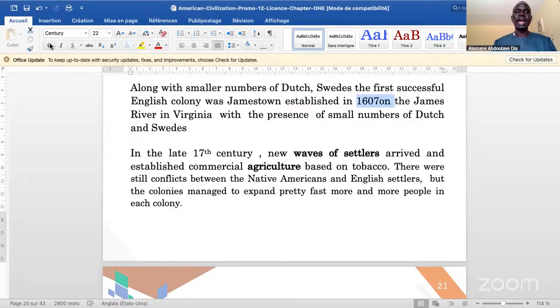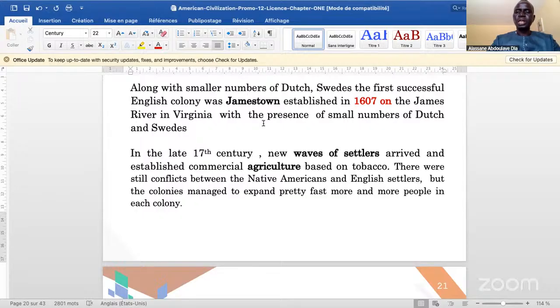So class, when I ask you the question, what is the first English colony to be established in America? It is Jamestown. Jamestown is the first colony, the English colony, and it is named after King James. And when they arrived in Jamestown, it was on the river in Virginia.